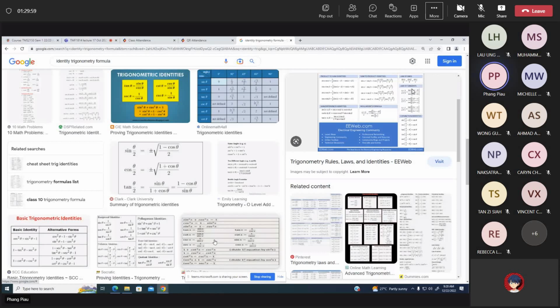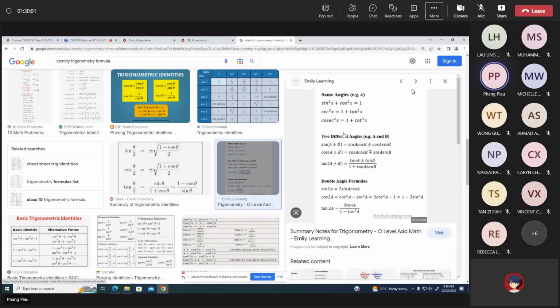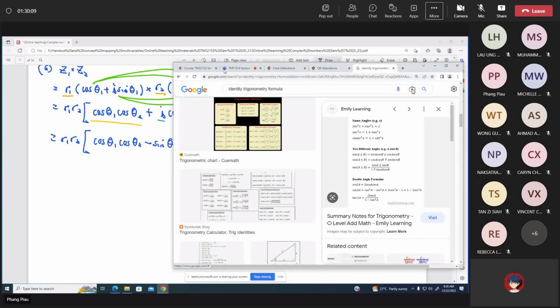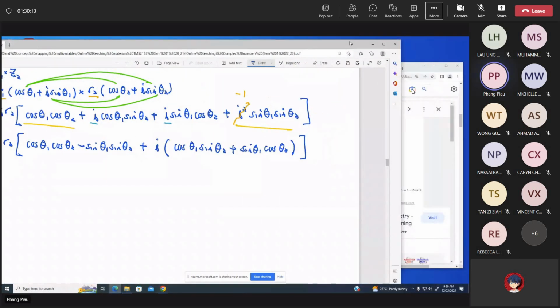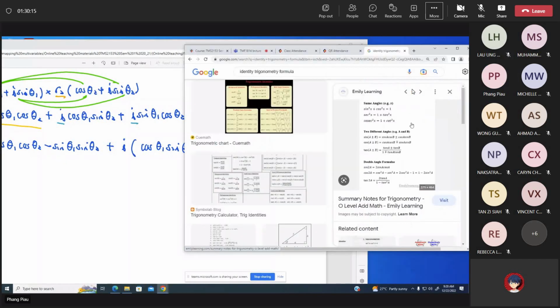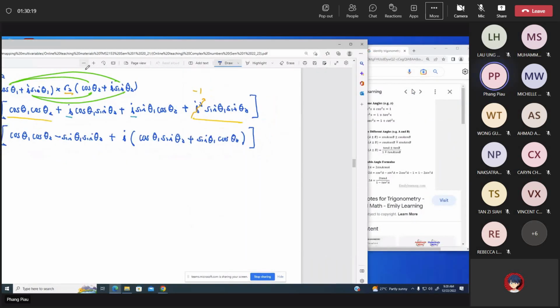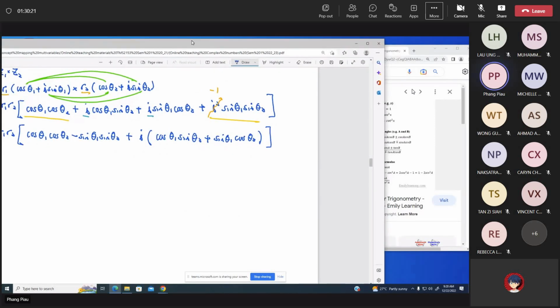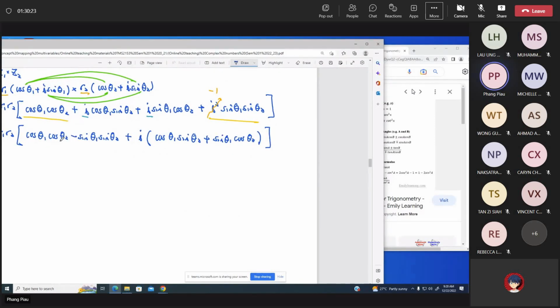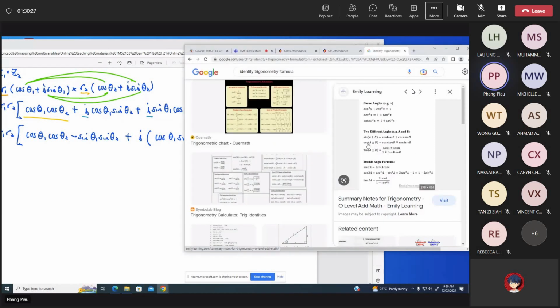And this is big enough. This part, the two different angles. The first one that I'm going to use here is cos A cos B minus sin A sin B. So we are going to use this.